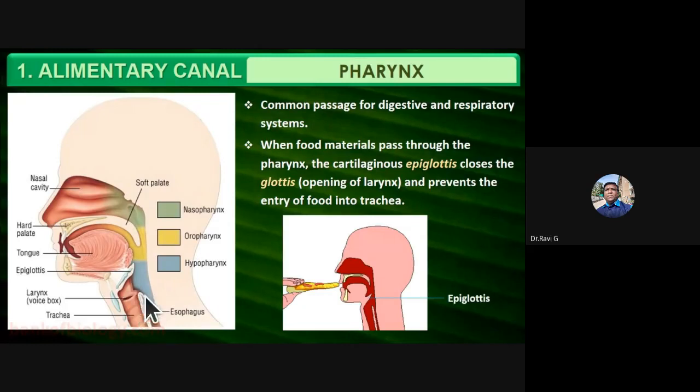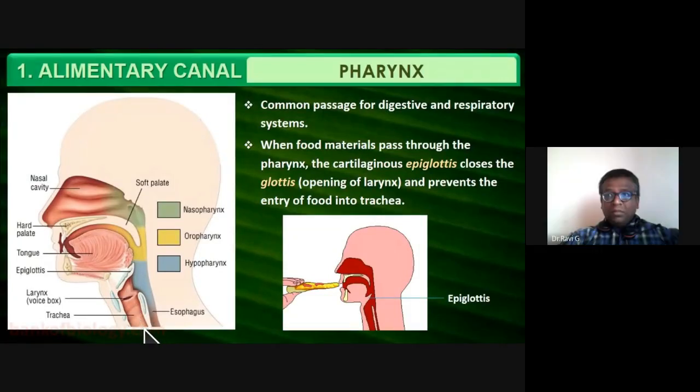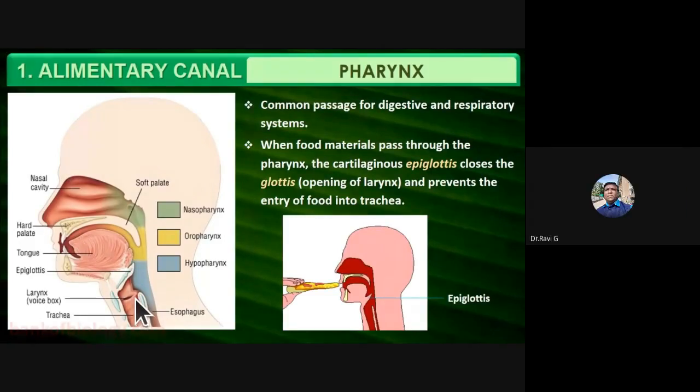But sometimes, before the epiglottis could close the glottis, some food can enter the trachea. I told you that it causes a lot of irritation, especially if it is spicy or pungent food. So we cough it out. We would have this uneasiness that you might have experienced once or twice in your lifetime, surely. These are the things you have to remember in the pharynx region.